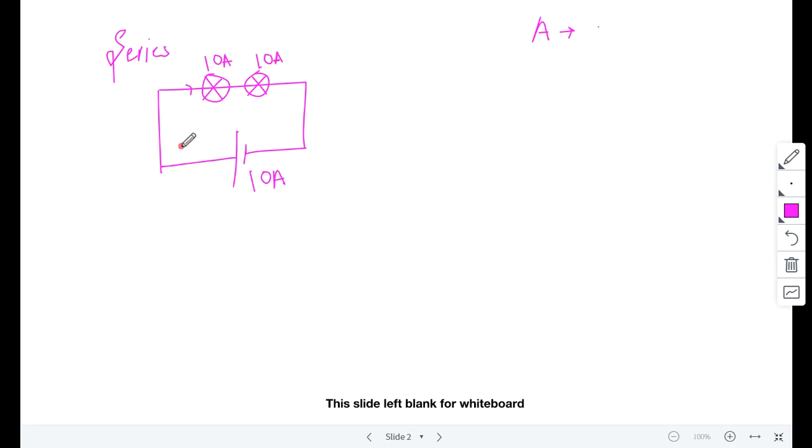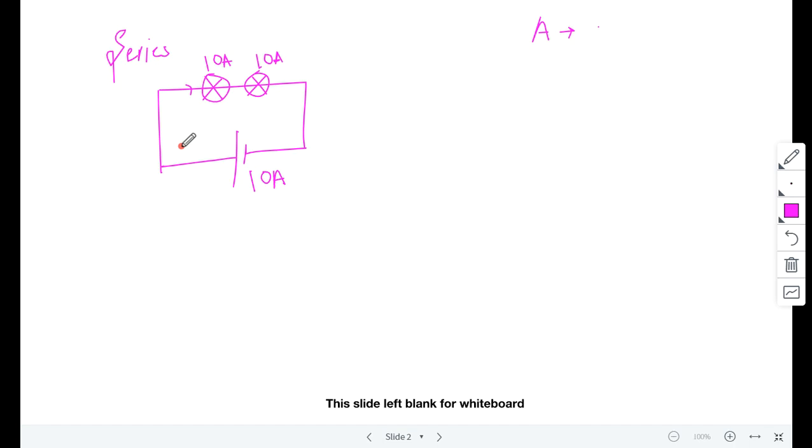That means current remains the same throughout the series circuit.